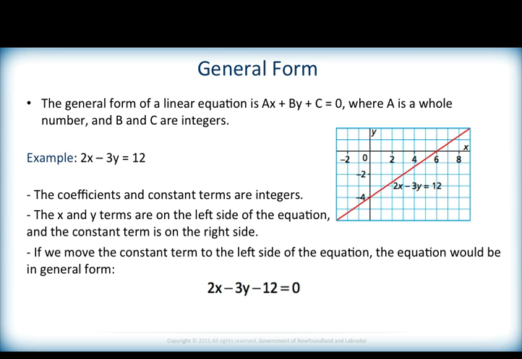However, we don't have the constant term on the left-hand side as well. That is still on the right-hand side. So you would need to subtract 12 on both sides, so that if we move the constant term to the left side, the equation would now be in general form: 2x subtract 3y subtract 12 equals 0.